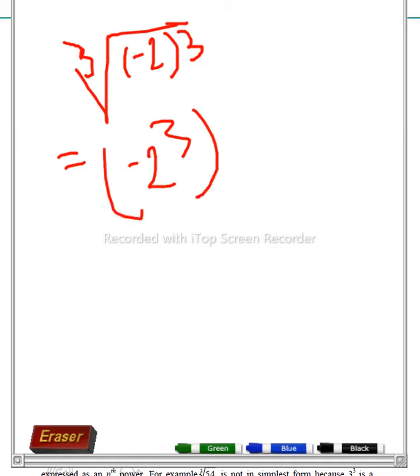Again, cube root means 1 over 3. We put here 1 over 3, and we can multiply 3 times 1 over 3, or we cancel 3 by 3, and we get minus 2. So the answer is minus 2.